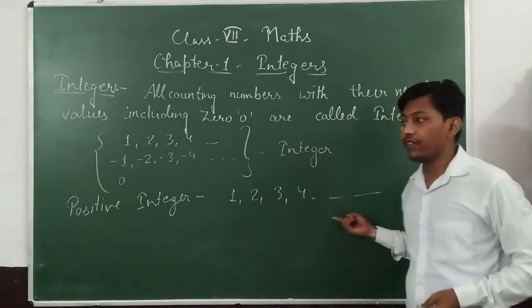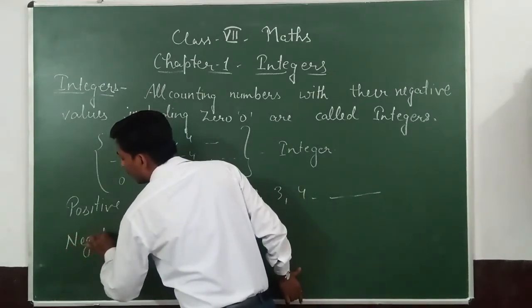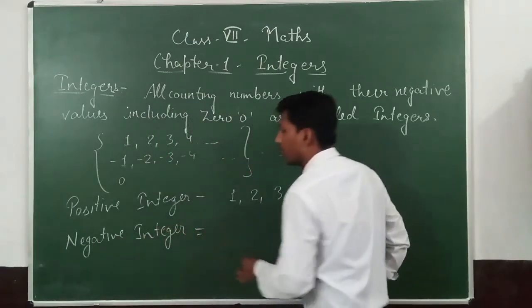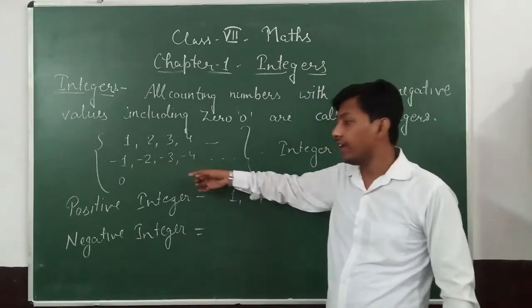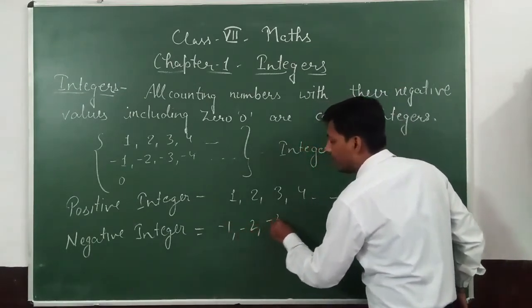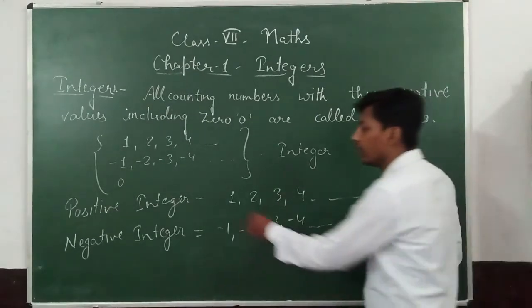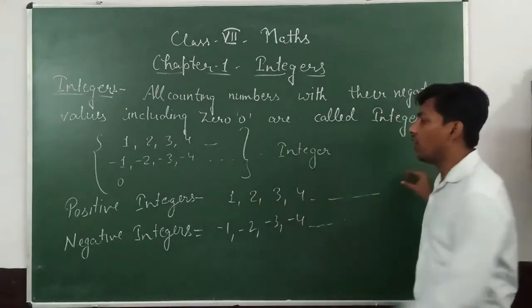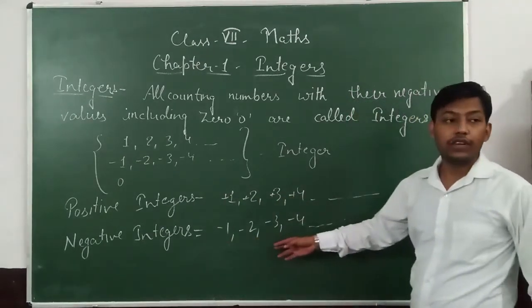Negative integers are all integers with a negative sign: -1, -2, -3, -4 and so on. So positive integers have a plus sign, and negative integers have a minus sign.